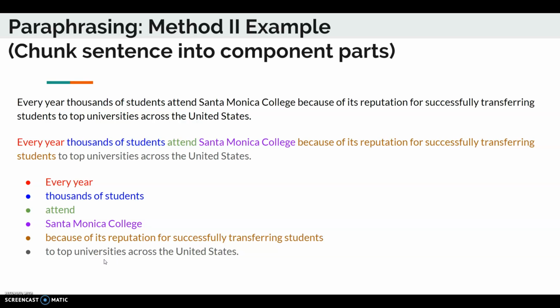So we can break down the original sentence into parts like this, so we can manage working with the parts a little bit easier than working with the whole sentence.